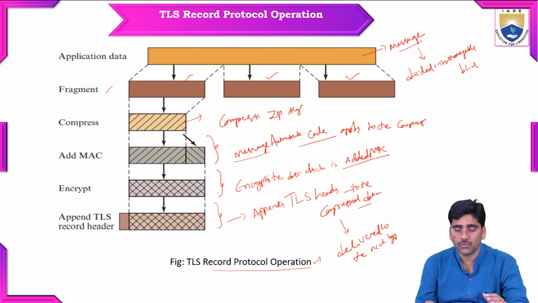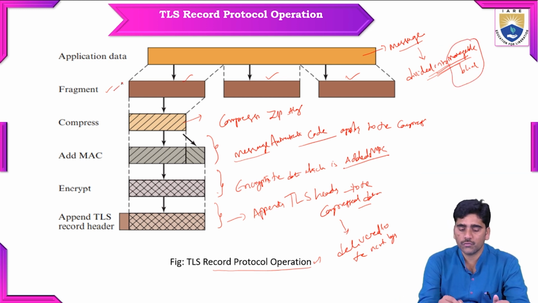The message you want to send to the next layer is treated as a message or application data, and that application data is divided into manageable blocks. The process of dividing into manageable blocks is called fragmentation, and each individual block is called a fragment. So this is fragment 1, fragment 2, fragment 3.